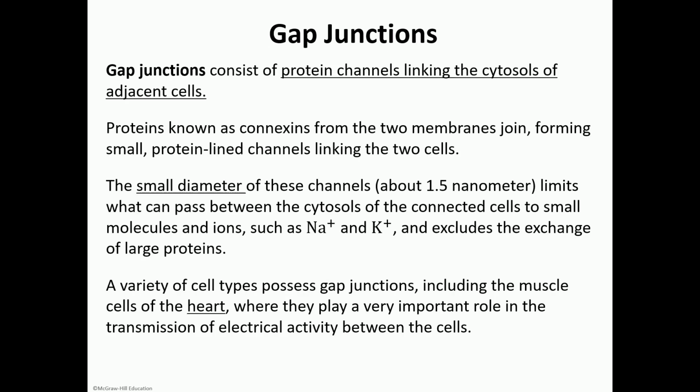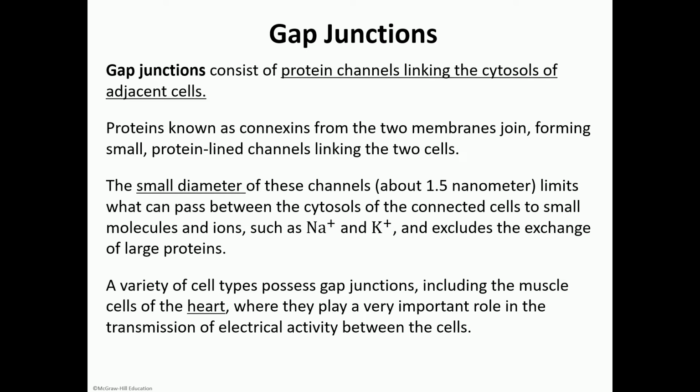For gap junctions, these are protein channels that link the cytosols of two adjacent cells. And the small diameter of these channels is what really limits what can pass through them. So you'll find the smaller molecules, as I mentioned, sodium and potassium, are able to pass through while the bigger proteins remain inside of their cells.